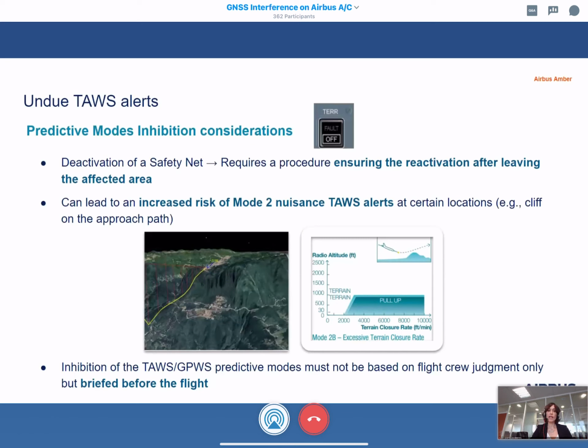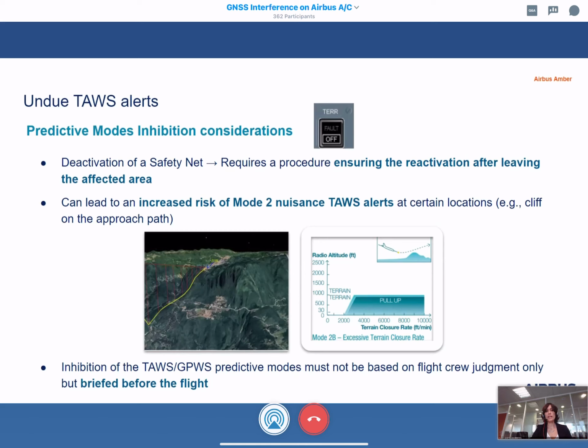Here, we would like to share with you some considerations that should be taken into account when considering the predictive mode inhibitions. Predictive TAWS are a safety net, so deactivation of the terrain modes implies a deactivation of a safety net, which requires a procedure ensuring the reactivation after leaving the affected area.